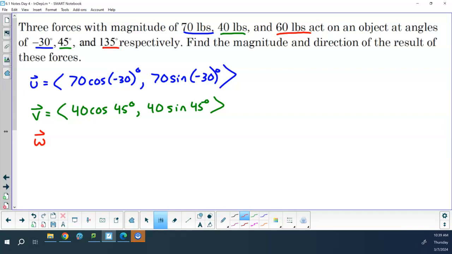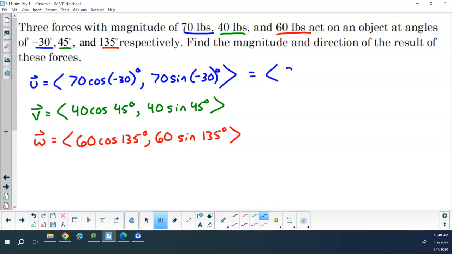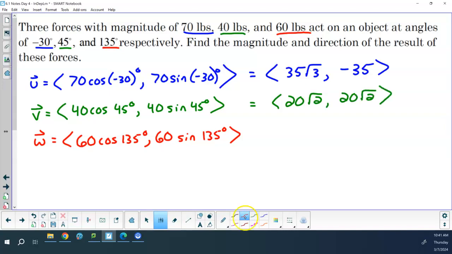Would have 60 and 135. So there's the vectors.